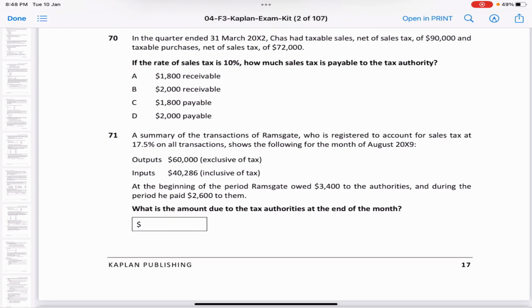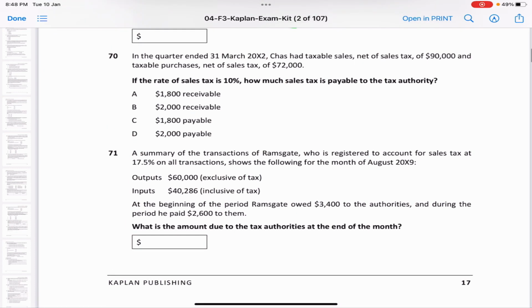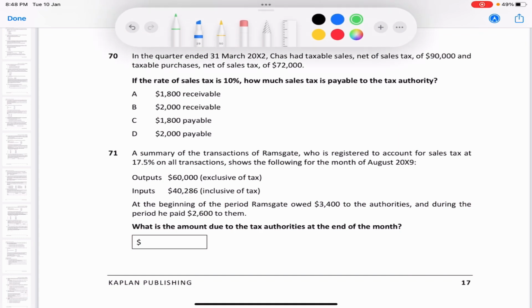Okay, question number 17. The quarter ended 31st March 2002. Charles had taxable sales, net of sales tax, of 90,000 and taxable purchases, net of sales tax, of 72,000. So I have 90,000 taxable sales.